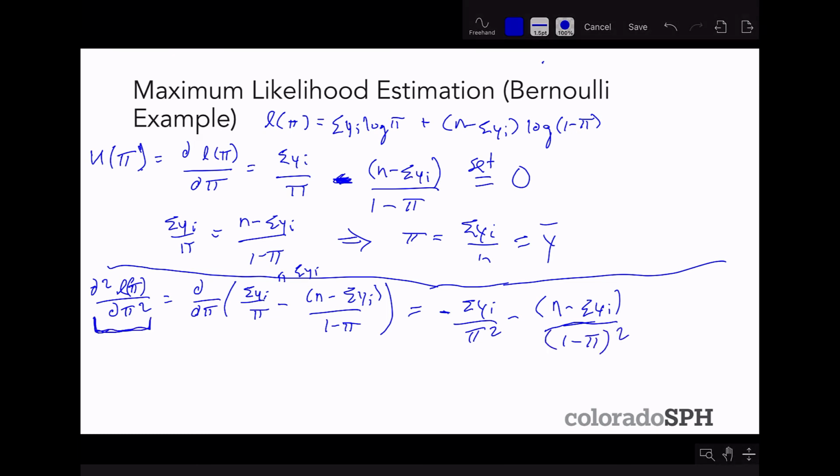So we want to check that this quantity at the value pi equals pi hat, or the MLE, is less than 0.